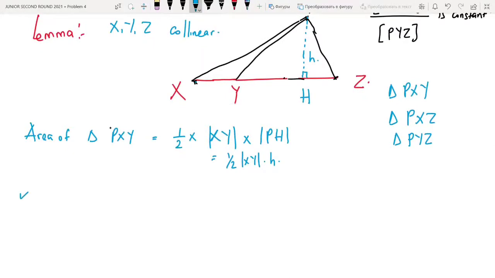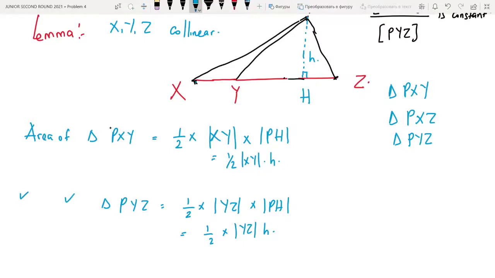Similarly, the area of triangle PYZ is half times YZ times the same PH, because PH is an altitude in this triangle also. It makes 90 degrees with the base, so that's how we know which side the altitude is opposite to. So this is half times YZ times PH.